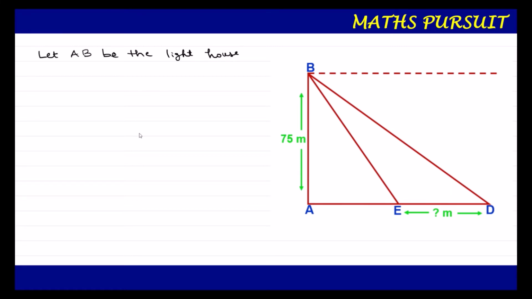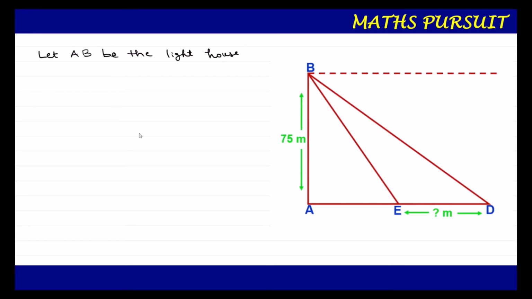Now the other part of the question says that the angles of depression of two ships are 30 degrees and 45 degrees.